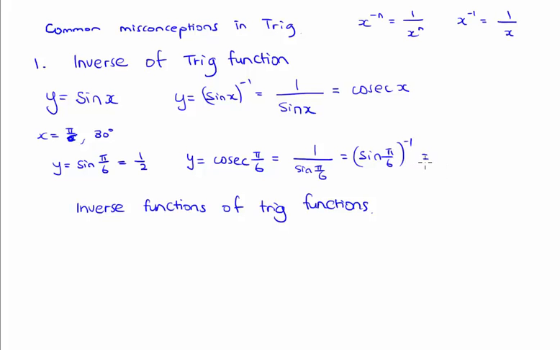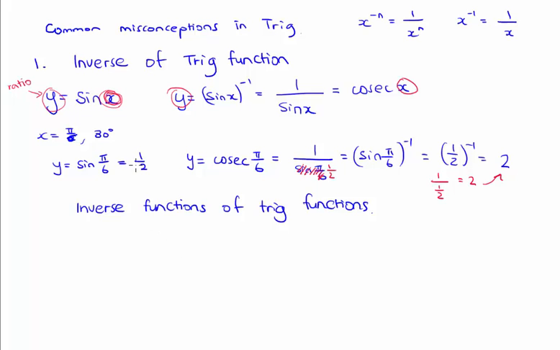Well, this is nothing more than half to the power of -1, and this is just 2. If you put half here instead of sine of pi over 6, you know that 1 over 1 over 2 is equal to 2. So that's why it's 2, okay?